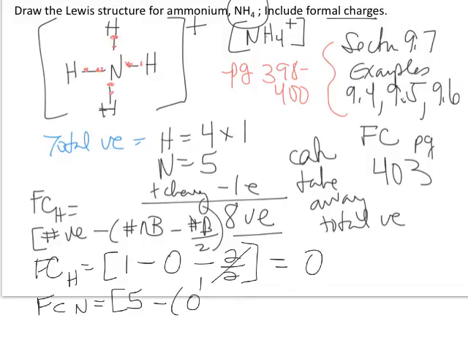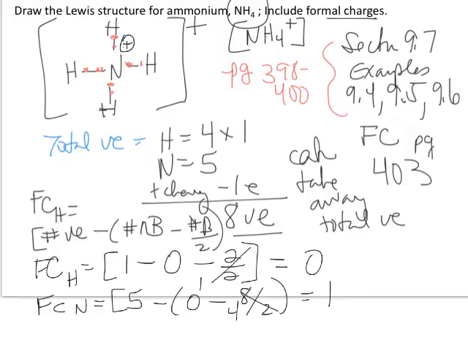There's no lone pairs, so that's 0. And then you have 8 electrons divided by 2, so that would be 4. 5 minus 4 is 1. So the formal charge, and how you do this, you would put a plus in a little circle to show the formal charge for nitrogen is plus 1.